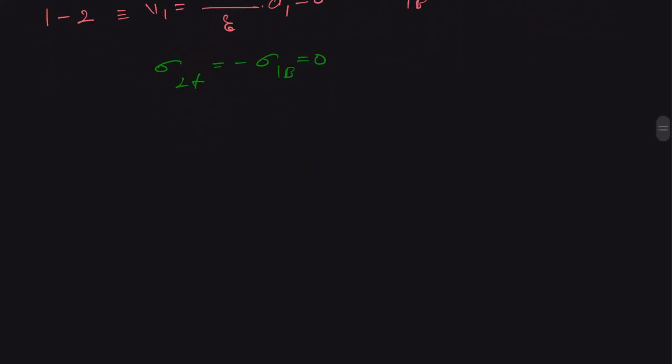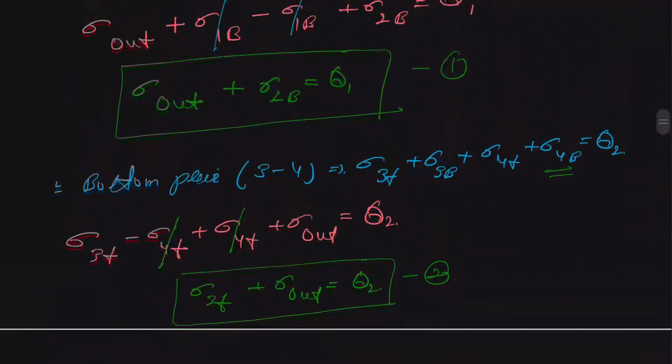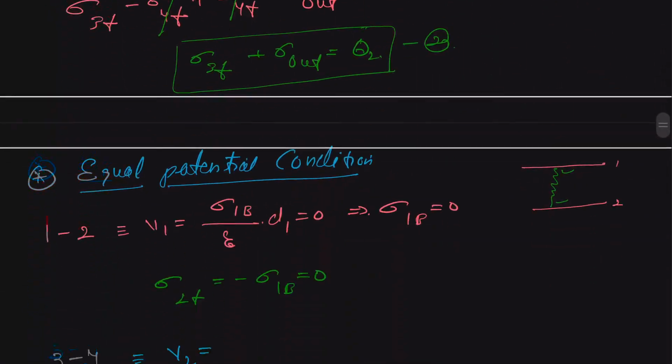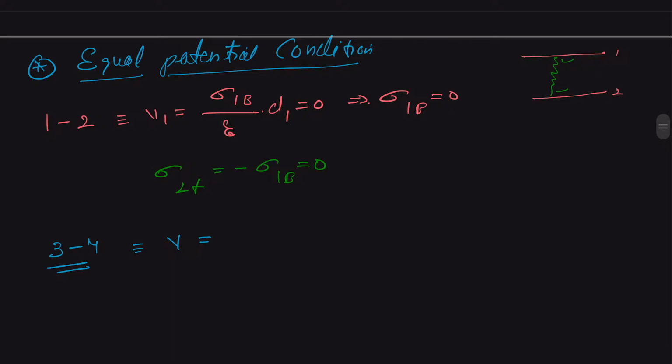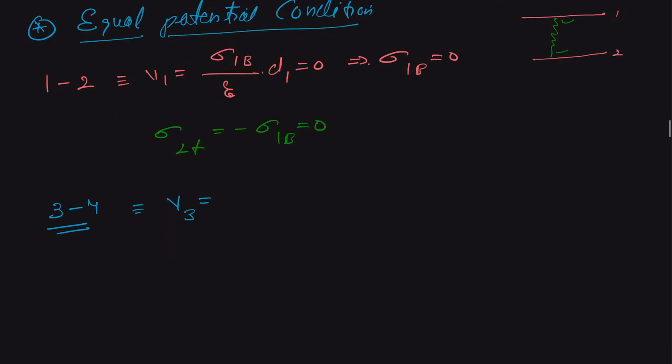And then similarly we come to plate number 3 and plate number 4, and let us suppose that the potential is V2, obviously, which will be equal to 0. There is no potential difference. Okay, let me call this V3, not V2, because the distance we have taken is D3, much easier.